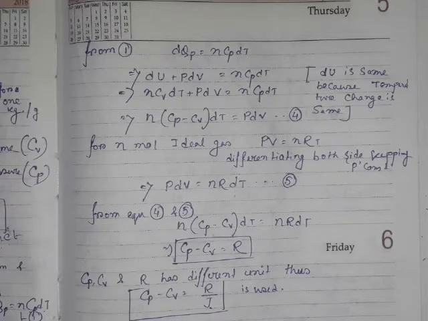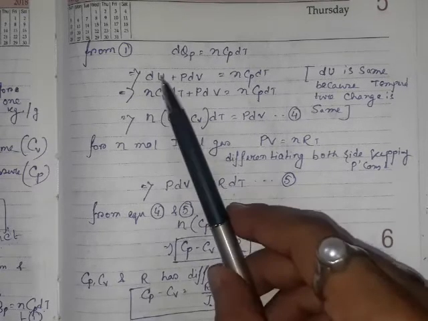That's why when you increase the temperature in both cases by the same amount, you have increased the internal energy in both cases by the same amount. So that's why it is also dU.